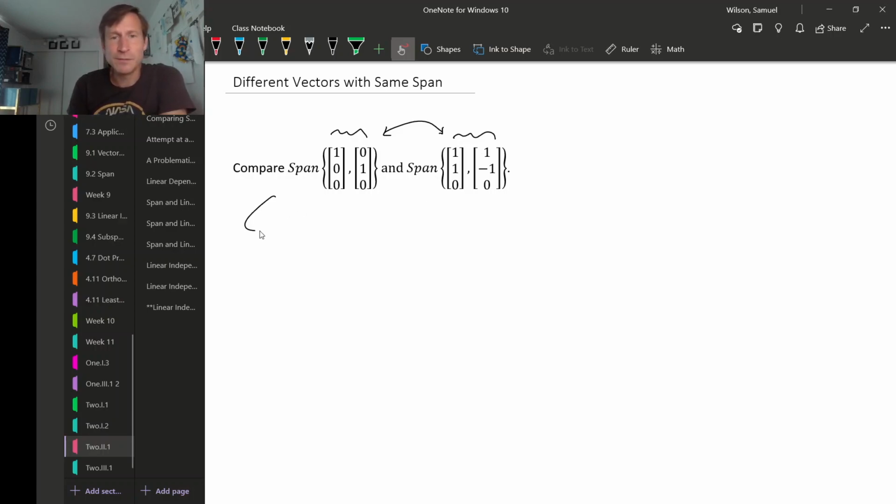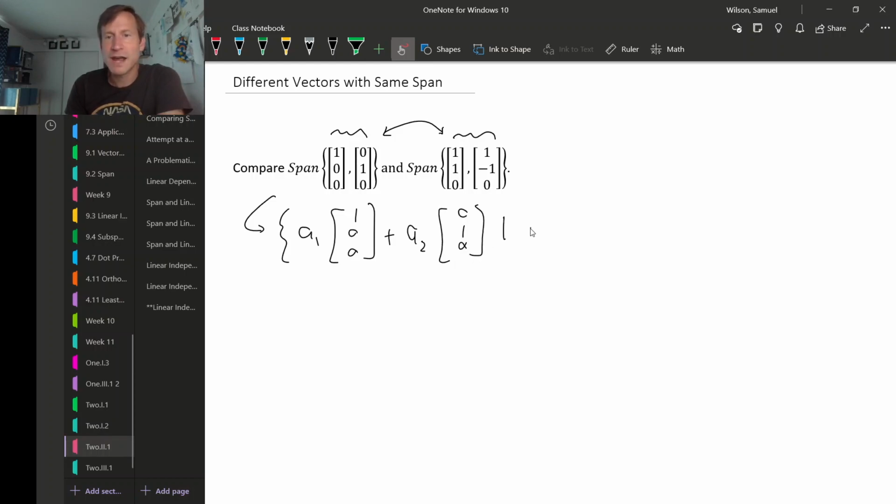So this first one is the collection of all vectors that look like a1 times the first vector plus a2 times the second vector, 0, 1, 0, where a1 and a2 are just real coefficients. So every combination of real coefficients gives you a vector in this span.